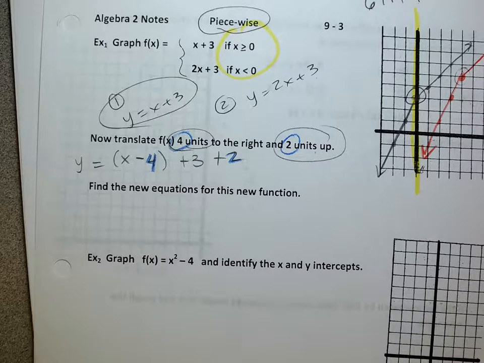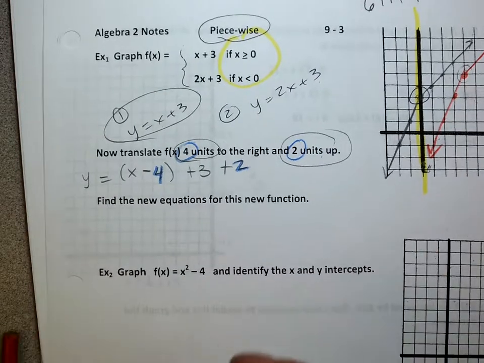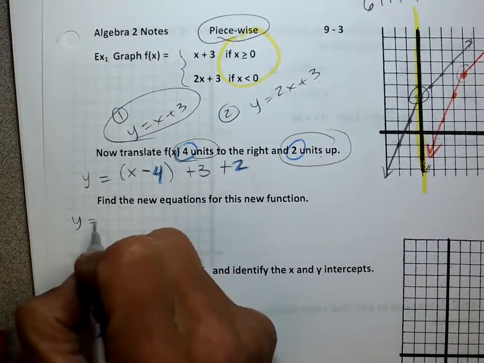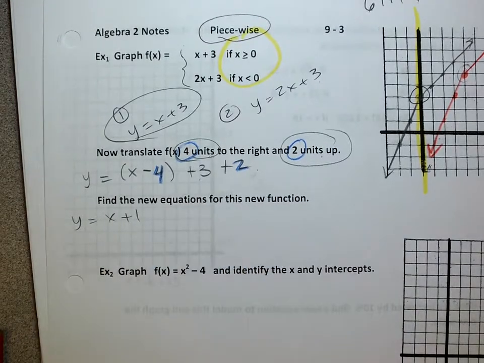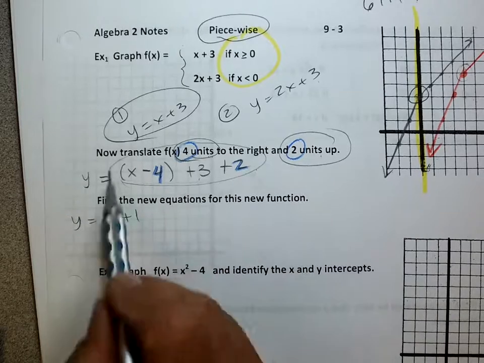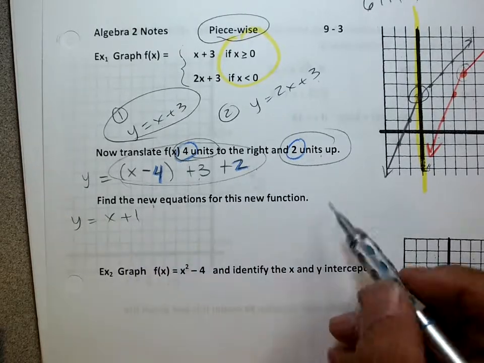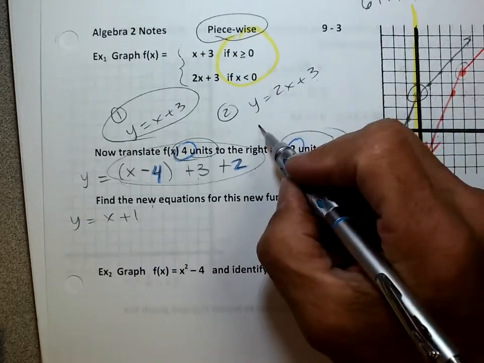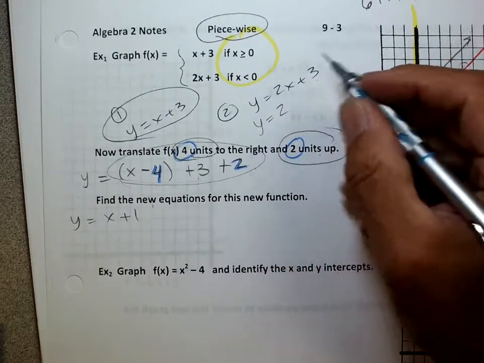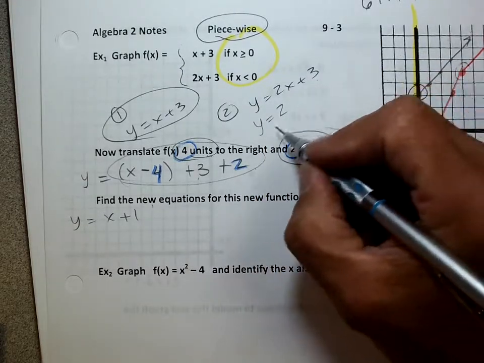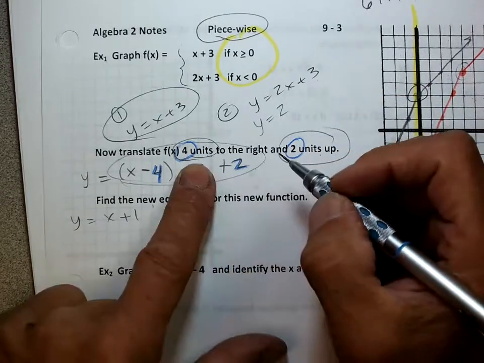Now I could simplify this, right? I could rewrite this as really a y equals an x. Let's see, that would be a plus 1. Okay, you guys agree with that? If I just simplified this, if I take the other equation, the second equation, I'll do the same thing. I'll go y equals 2, and I'm going to do the dance, which means I'm going to take this and translate it 4 units to the right.